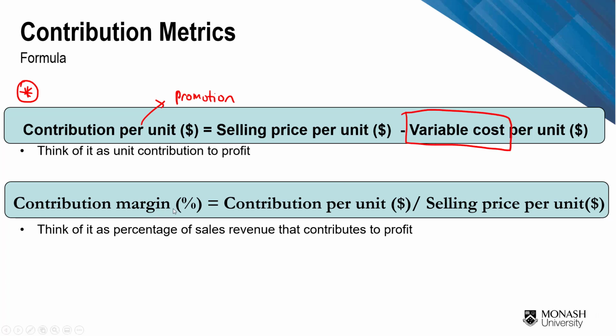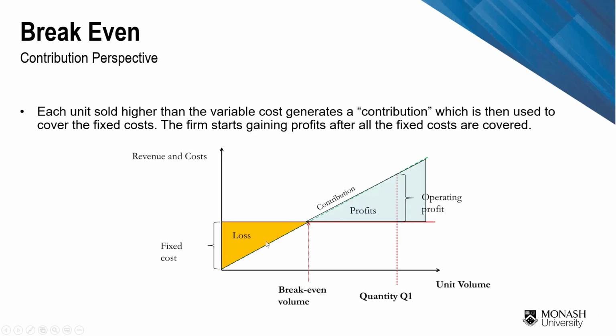And you also have the contribution margin, which is in percentage. That's going to be contribution per unit divided by the selling price of the unit. So think about it as the percentage of sales revenue, right? So we're just finding out the contribution perspective.